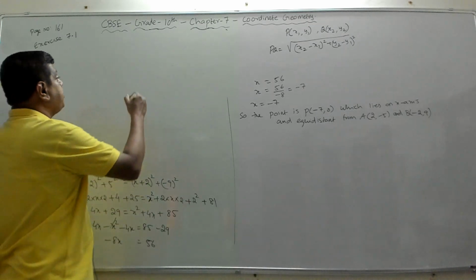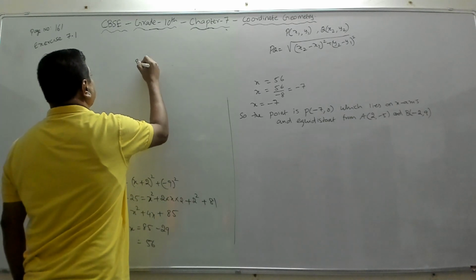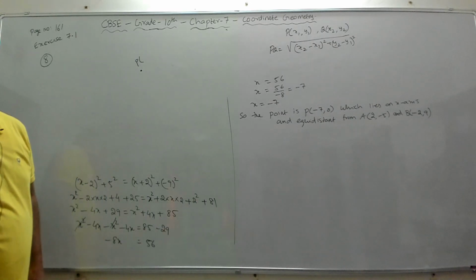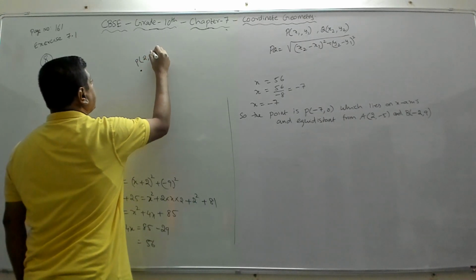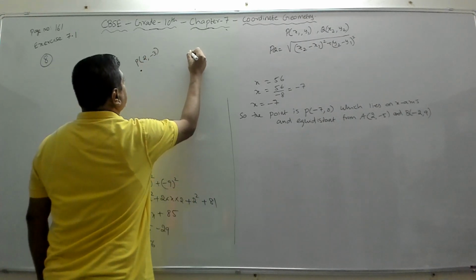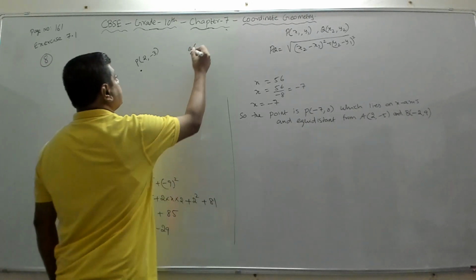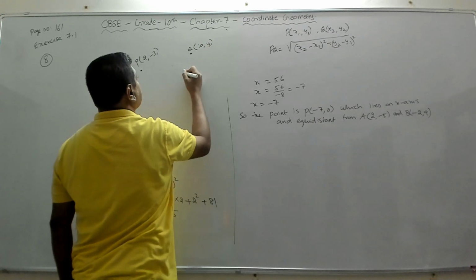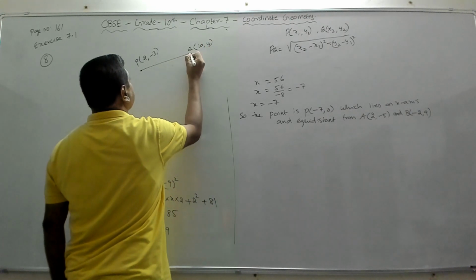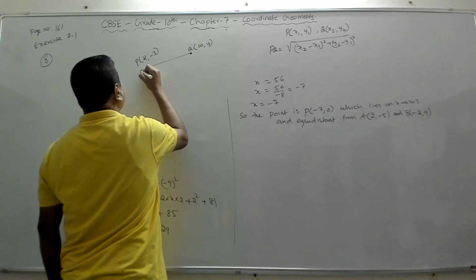So there is a point P given, which is 2 comma minus 3, and there is another point Q, and its coordinate is 10 comma y, such that the distance between P and Q is 10 units.